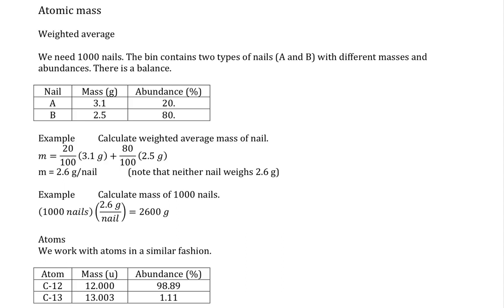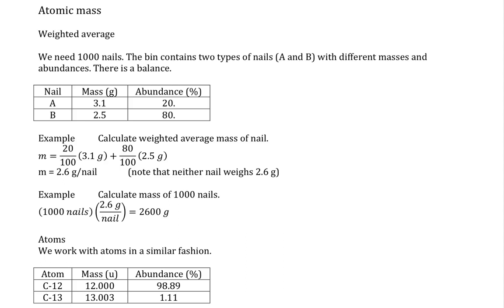Nail A has a mass of 3.1 grams, and of the nails in the bin, 20% are nail A. Nail B has a mass of 2.5 grams, and 80% of the nails are nail B. So what we're going to do is calculate the weighted average mass of a nail.